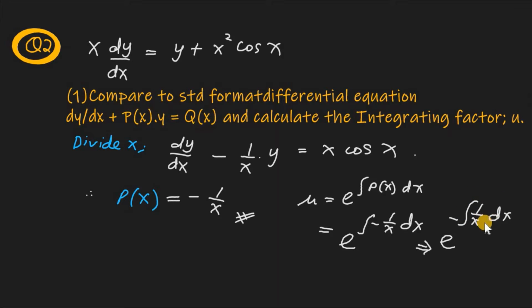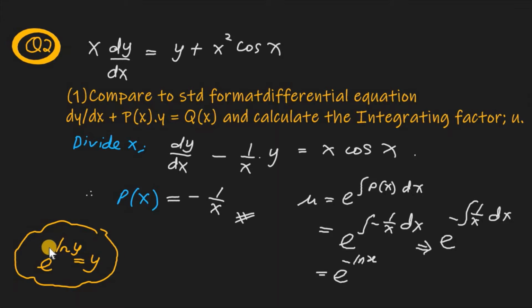So integrating 1/X is actually ln X. So we get e power ln X. And because we like to use that property, if we have, like say, e power ln Y, it is Y. There cannot be a negative over there. So we need to bring this negative to the log function.